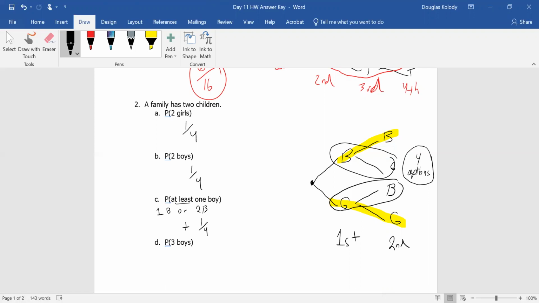That's 2 branches right there. So 2 branches out of 4 plus 1 out of 4. Hey, that's 3/4. Last but not least, 3 boys. Not fooling me, Collodi. Can't have 3 boys. Why? Because you're only having 2 children. All right, that's it for number 2.